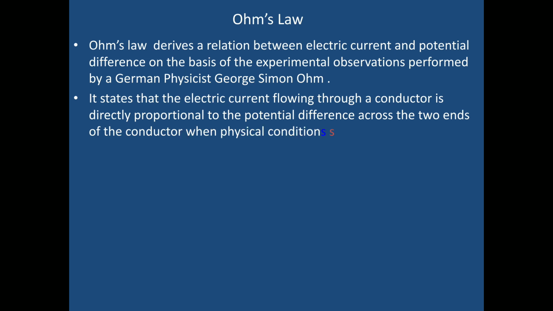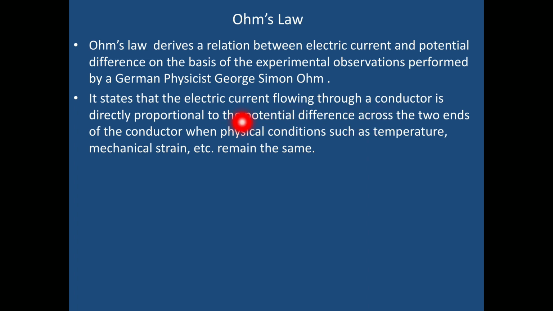This law states that electric current flowing through a conductor is directly proportional to the potential difference across two ends of the conductor when the physical conditions such as temperature, mechanical strain, etc. remain constant. So this point is very important, that the current will be directly proportional to potential difference only when the physical conditions remain constant.